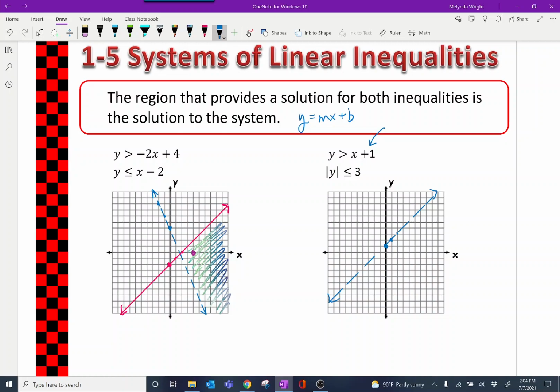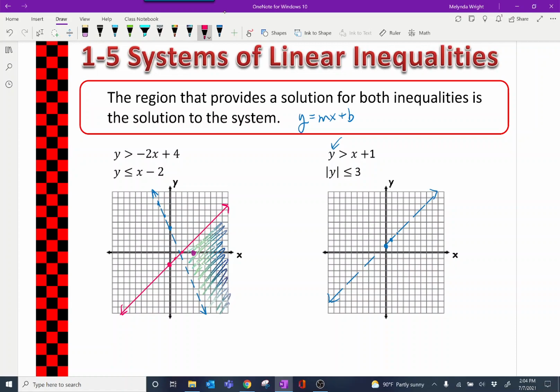Instead of picking points, I like to think about the y being bigger. So that means our answer is going to be in this area above the line instead of below it. So the shading is not going to be down there. This second one: absolute value of y is less than or equal to 3.